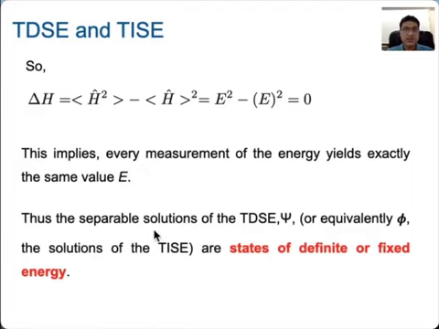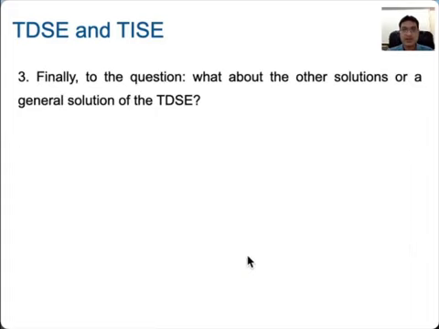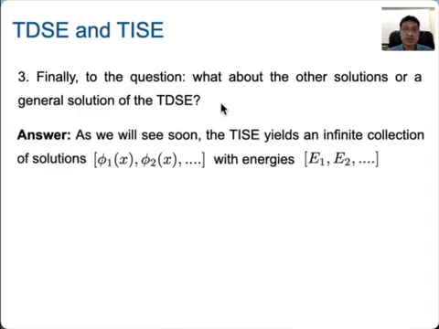Thus the separable solutions of the time dependent Schrodinger equation, psi, or equivalently phi, which is the solution of the time independent Schrodinger equation, are known as states of definite or fixed energy. Now there is another final question: what about the other, general solutions of the time dependent Schrodinger equation? We will learn in the coming classes that the time independent Schrodinger equation gives an infinite collection of solutions, phi 1, phi 2 and so on up to phi n, with their energies E1, E2 and En.